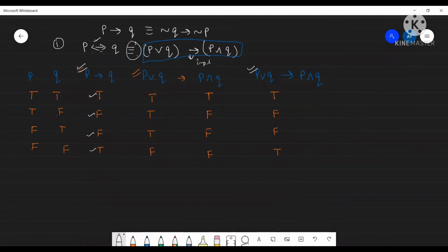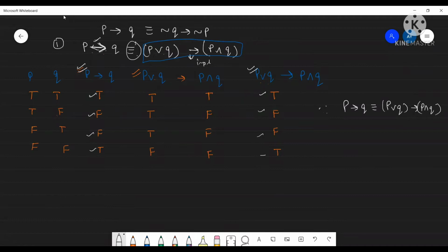Hence, we can tell that P implies Q is logically equivalent to P or Q implies P and Q. Am I clear?